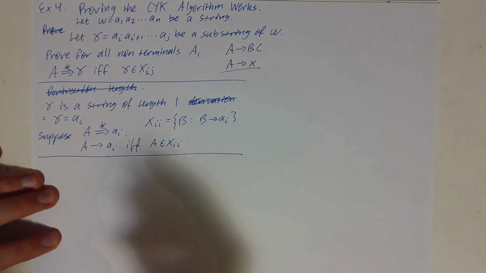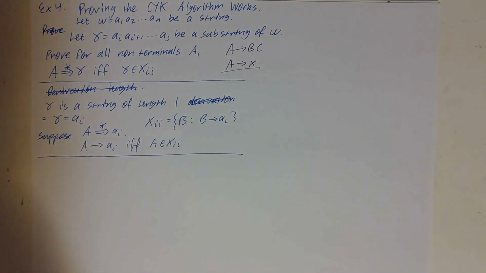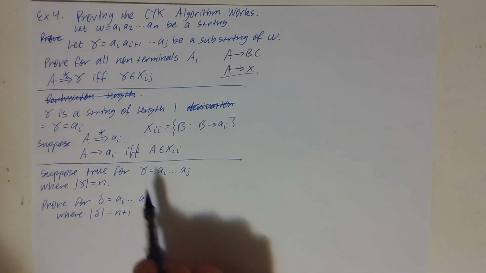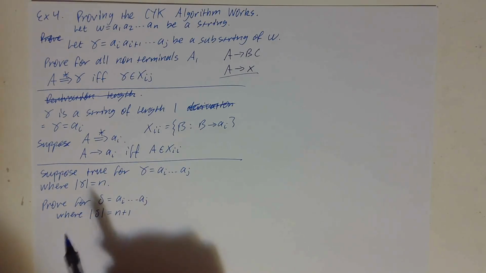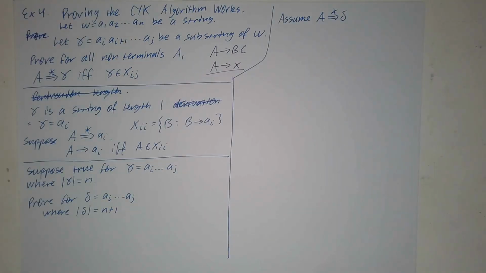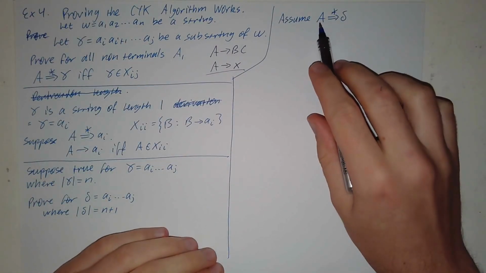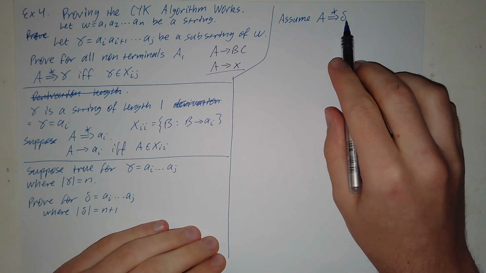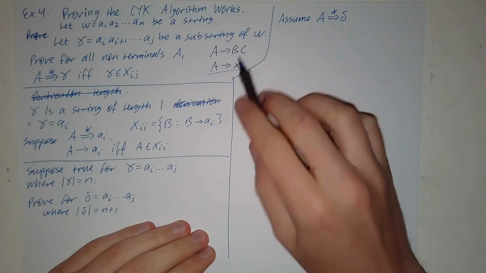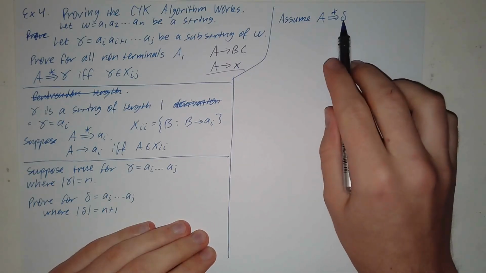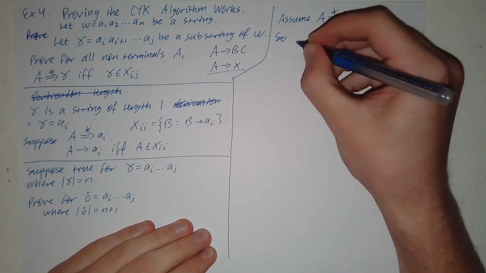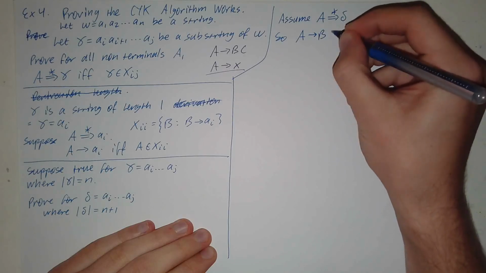Okay? So now let's suppose the property is true for all strings of length n. That is, we assume the property is true for all substring gammas of length n. I'm going to prove it's true for all substrings delta of length n plus 1. So we'll assume that A has a derivation of delta. Now the only way that's possible, because there's only two possible forms A could be in, and delta is not a single character so it can't be this one, is that A has to go to BC.